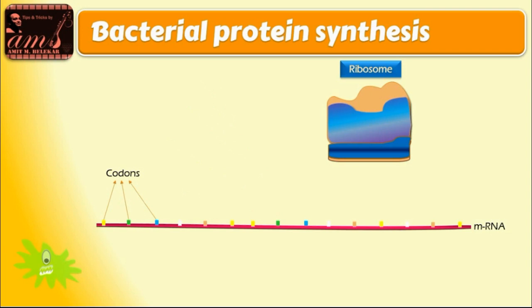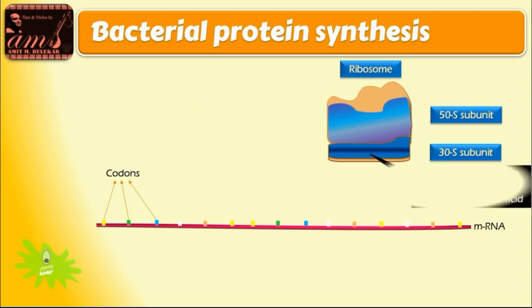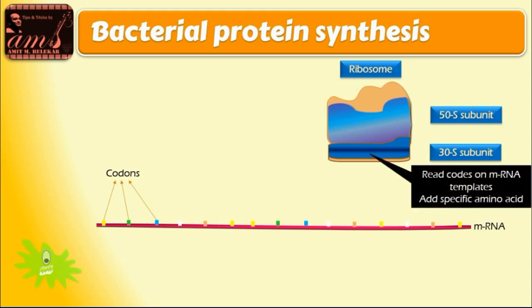Ribosomes have two subunits, the 30S subunit and the 50S subunit. The 30S subunit is responsible for reading codes on mRNA and adding specific amino acids in sequence. Thus it is responsible for initiation of the process, or initial tRNA and ribosome complex formation.